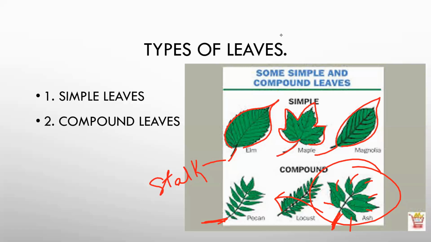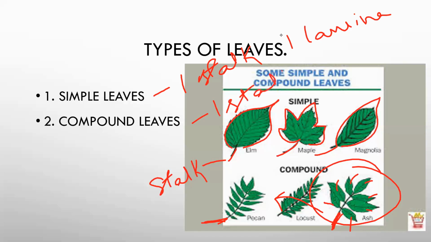Simple leaf means one stalk will have one lamina. In compound leaves, one stalk has more than one lamina. That is the basic difference.